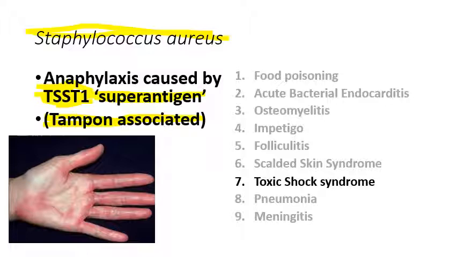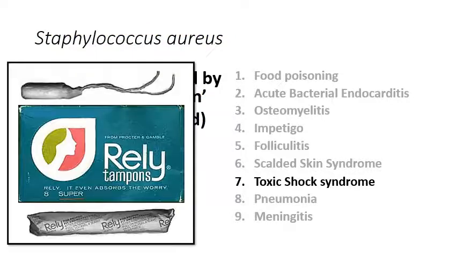So there was a bad batch of Rely tampons that caused women to die from an anaphylactic shock, which they named toxic shock. They couldn't figure out what was causing it until a microbiologist tracked down the tampons. Epidemiologists basically saw that the only thing that all of these women that died had in common was that they were all using Rely tampons, and a particular batch of them.